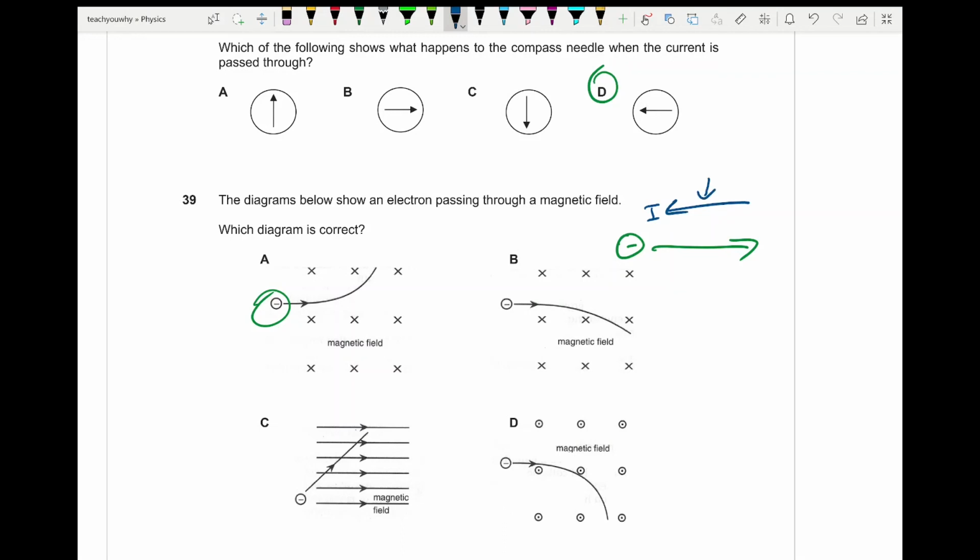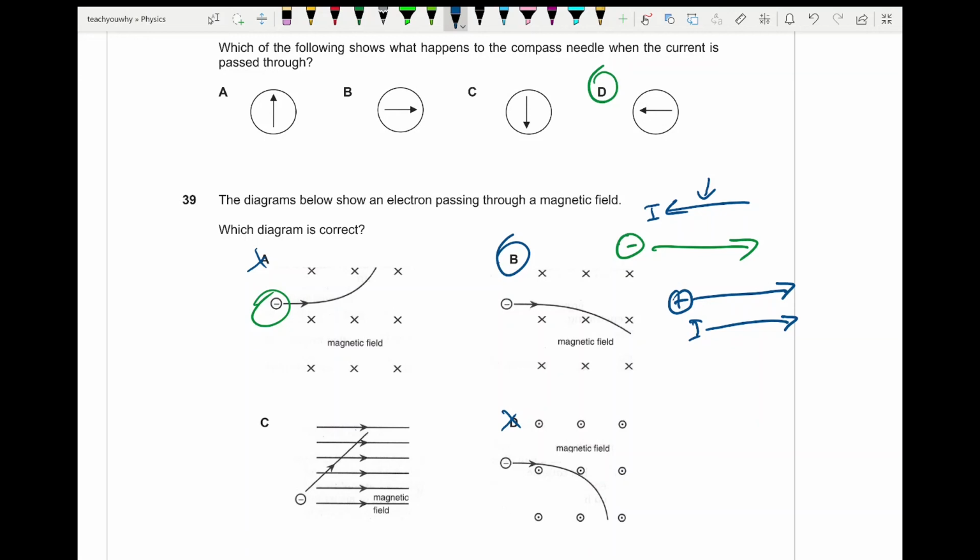If I have a positive charge that is flying here, then my current is considered here. So if you were to use your Fleming left-hand rule on diagram A, B, D, you will realize that the answer is B.